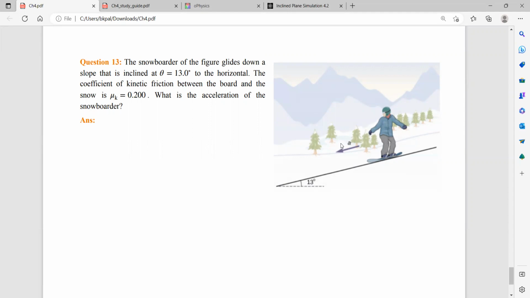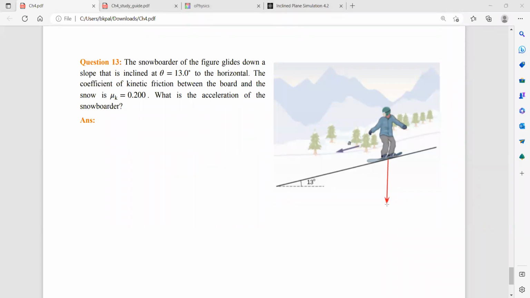Now, similar to all other force related problems, the first thing we have to do is to draw the free body diagram. That means what are the forces that are acting on this person. Okay, so let's draw. The first one will be the gravitational force, and gravitational force is directly downward.